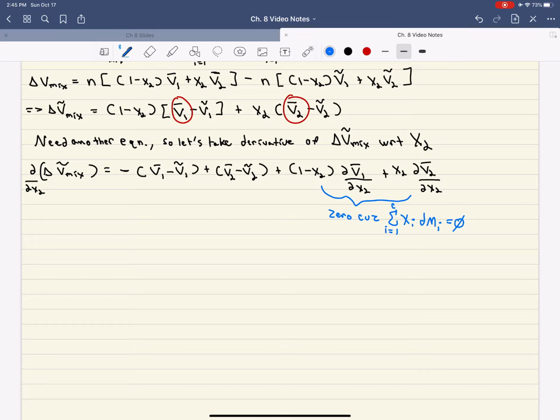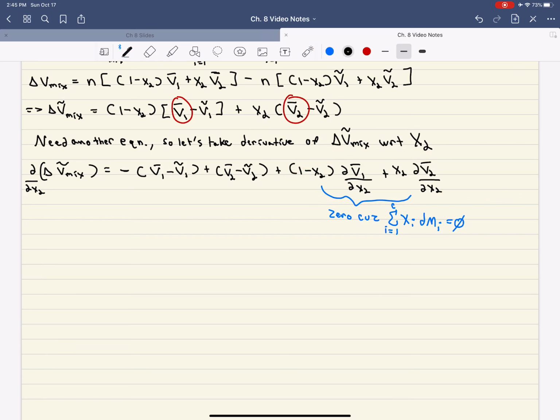And that's essentially what we have here, right? 1 minus x2 is x1. So we have x1 dV1 plus x2 dV2, and we just divided both sides by dx2. But 0 divided by dx2 is also still 0. In any case, from this thermodynamic constraint, we could actually just chop off that part of the equation.